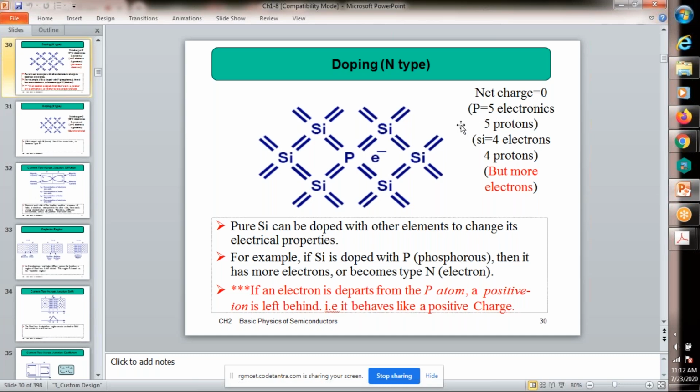Why is the net charge 0? Because the number of electrons is equal to the number of protons. Either it is a doped or undoped semiconductor, the net charge is 0. But coming to majority carriers, here electrons are the larger number of charge carriers. Whenever an electron moves from this crystal into another crystal, the total net charge becomes a positive ion. Remember this one, positive ion.